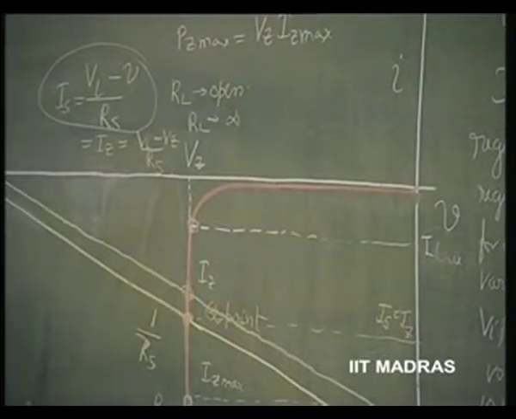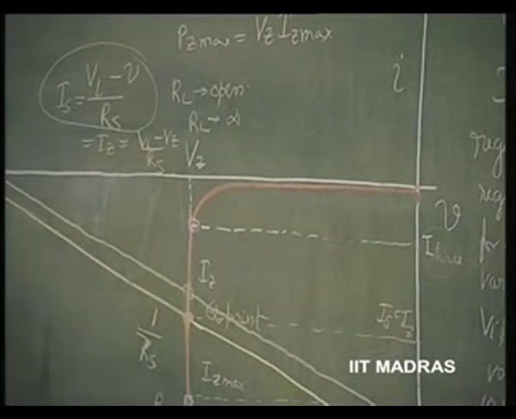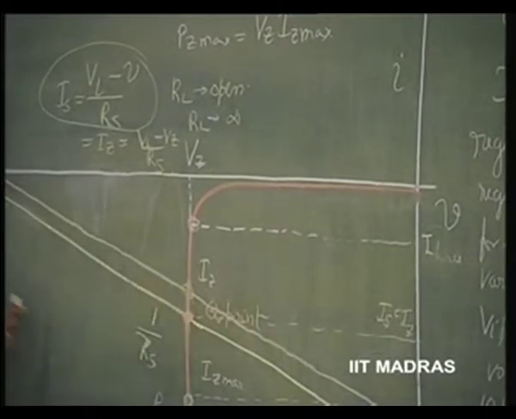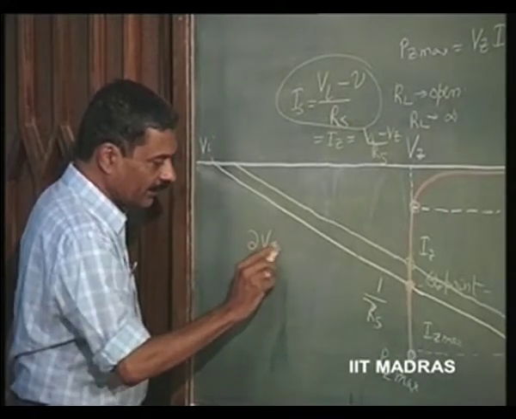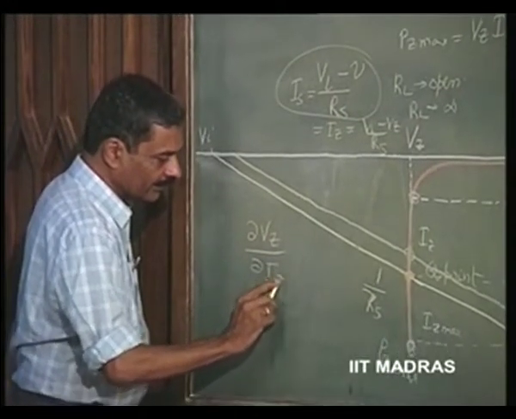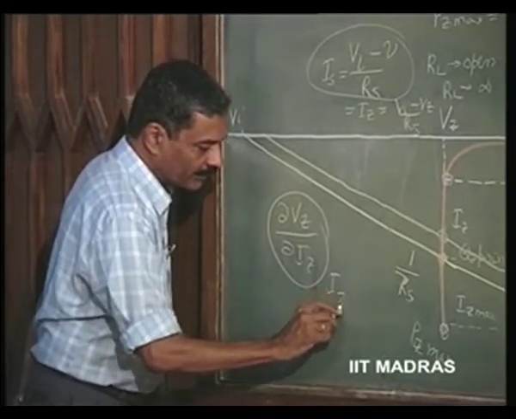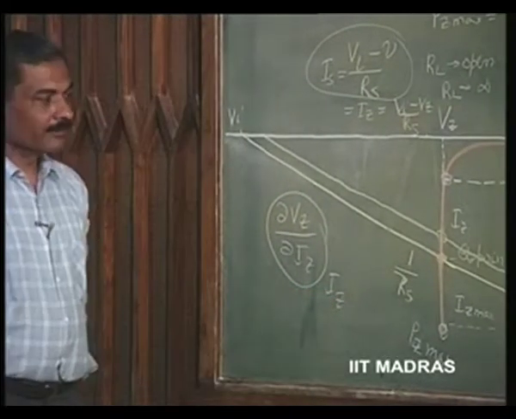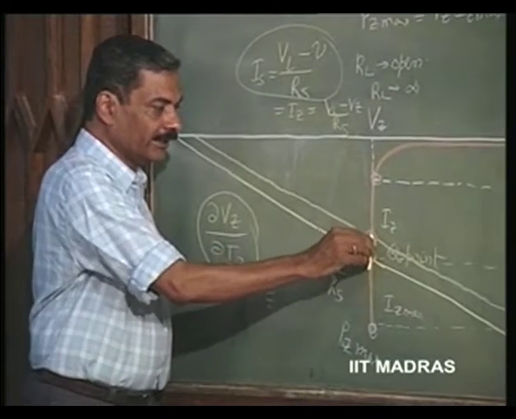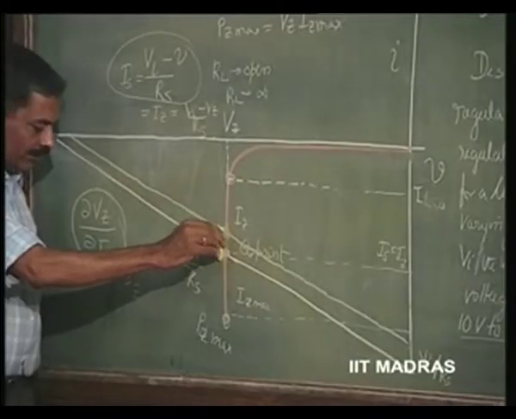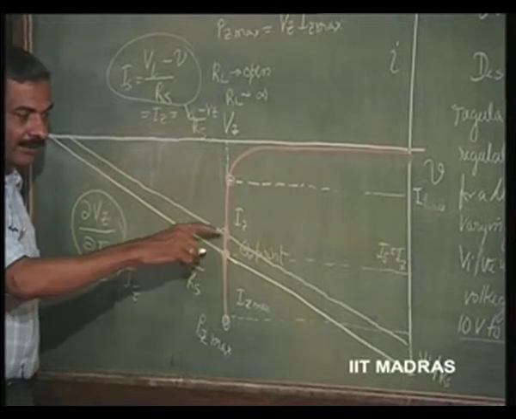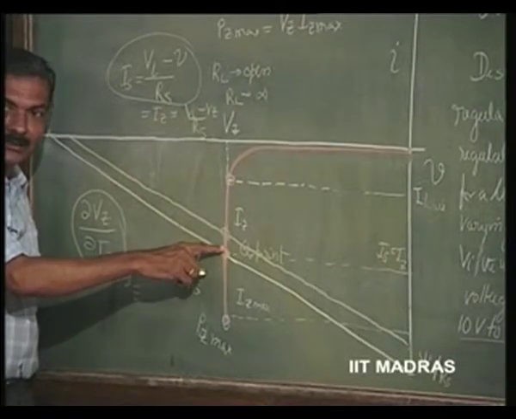If it is not vertical, if there is a small slope, that is the case with Zener diodes, this slope, which is nothing but delta Vz divided by delta Iz around the operating point Iz, that is the slope. Inverse of the slope is delta Vz by delta Iz, actual slope is delta Iz by delta Vz.